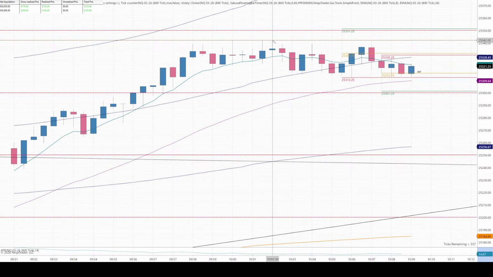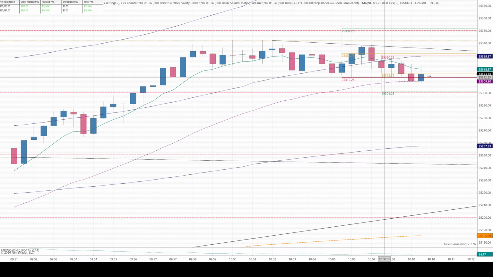Now we do have a trend line that looks like this now too. And notice what happens when we just touched the 34 EMA.